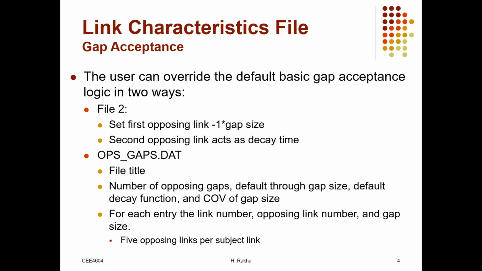But each one of us is different because we're different people. So this opposing gaps file allows you to add stochasticity into the system where you can have different drivers be more aggressive. Is that clear? And you can also have it different by different links, which is what you could also do in file 2. Any questions on this?